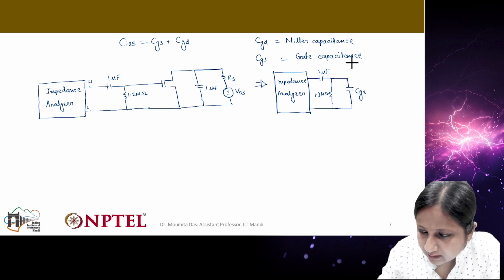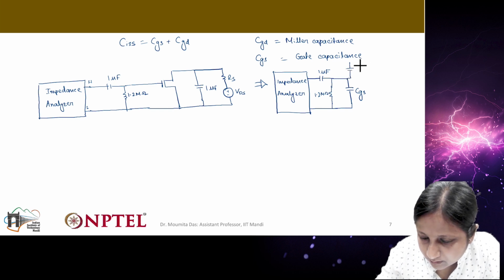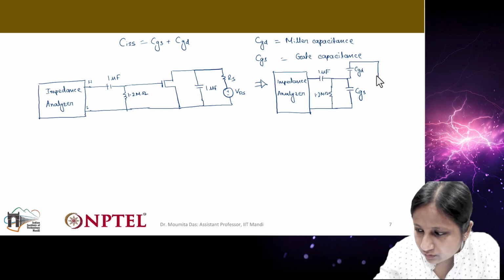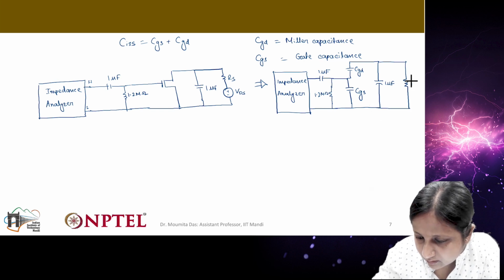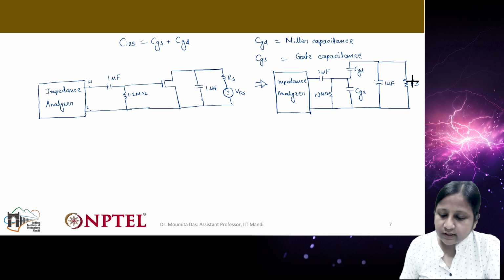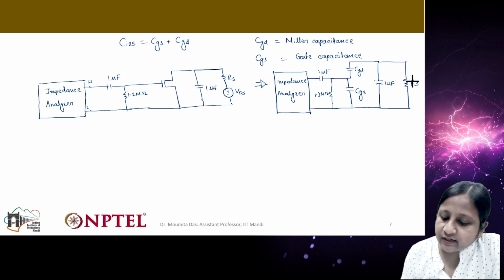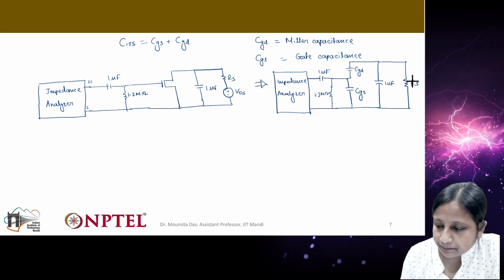This has the capacitance CGD, and this is connected to the 1 microfarad capacitance, and this is connected to Rs. So this is the equivalent diagram to get the characteristics for input capacitance.